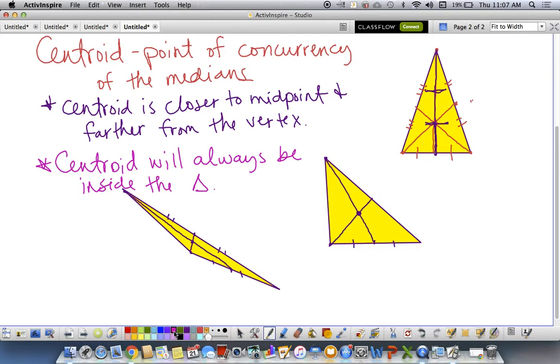Now, why do we ever need to know where that point is? We're not going to find area, it's not a base and a height. It actually is the point. Pretend, I know nobody has triangular dishes, that would be weird. But if you find the centroid, that's where you can put your finger and make it balance. It's a balancing point. It's kind of weird that if I put my finger right at that point, I can hold it and it will actually balance.